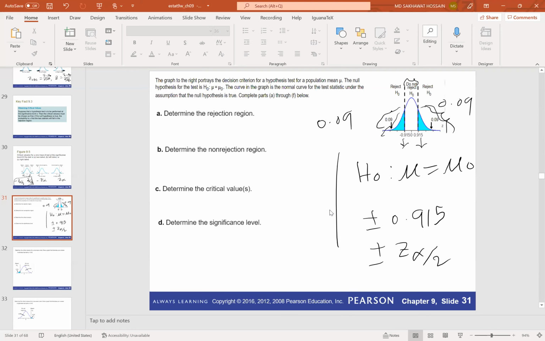And this area is alpha over 2 and this area is also alpha over 2. So what is the value of alpha then? Alpha is the level of significance. Alpha over 2 is 0.09, so alpha will be 2 times 0.09, which is 0.18. So this is the level of significance in this case.